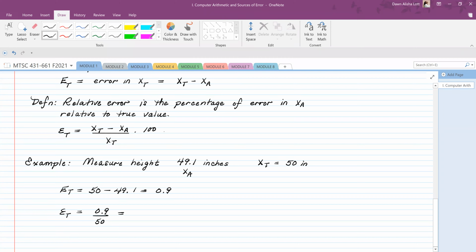And I get 0.018 times 100, that's 1.8. And so I can see that that's basically almost 2%.